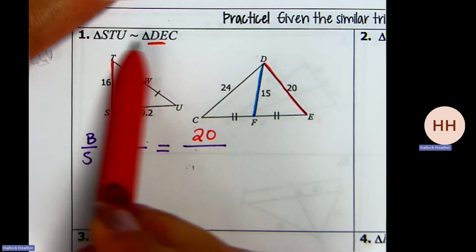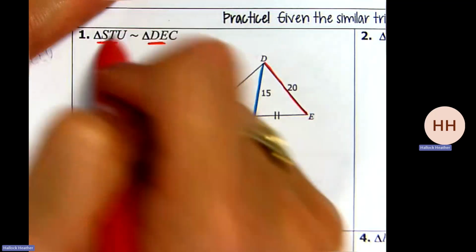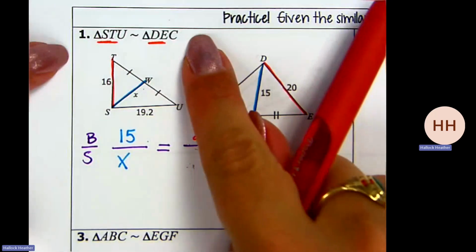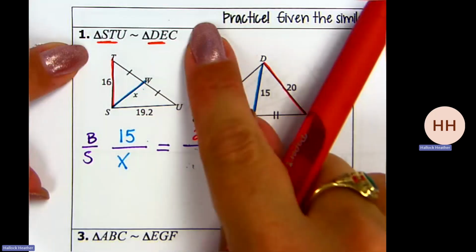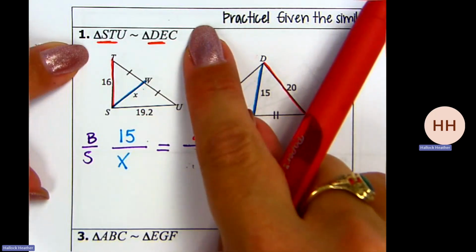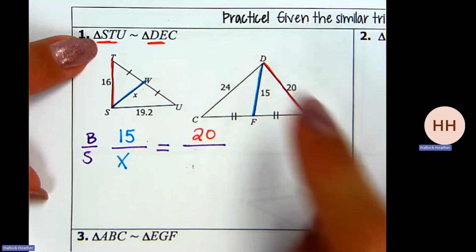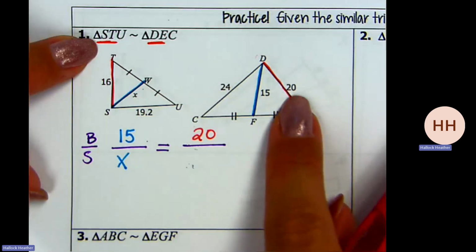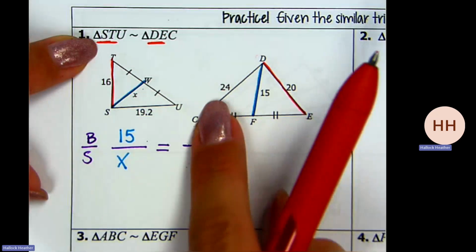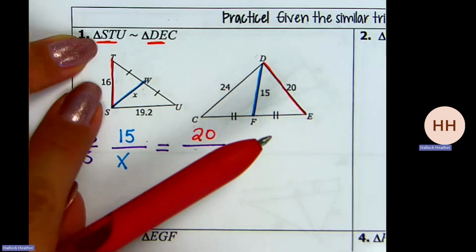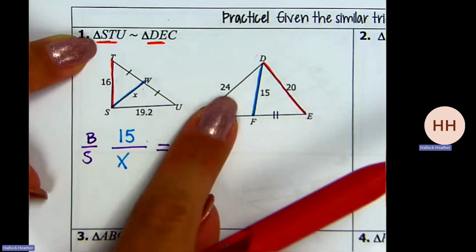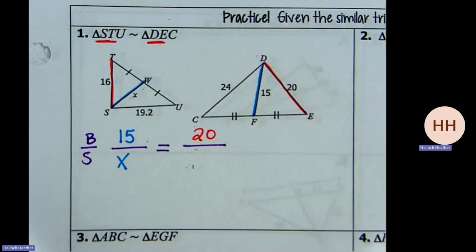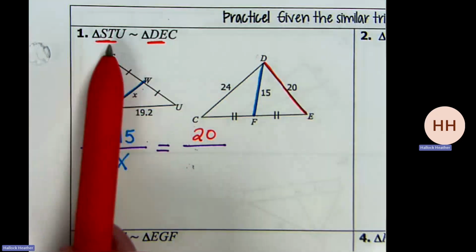So DE corresponds with ST. They're giving you this similarity statement for a reason. Some of you can use your eyes to see which pieces match, or you can use the similarity statement, or you can think logically. 20 is the smaller number out of 24. So then 16 goes with 20, 19 would go with 24 because the smaller piece would have to go to the smaller piece, the larger piece would have to go to the larger piece. Or you could use the similarity statement.